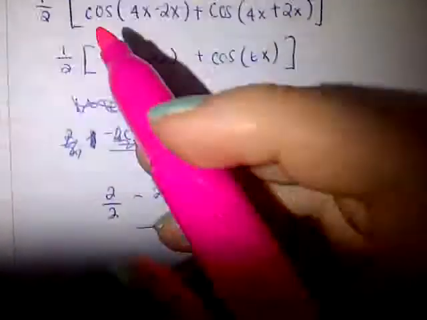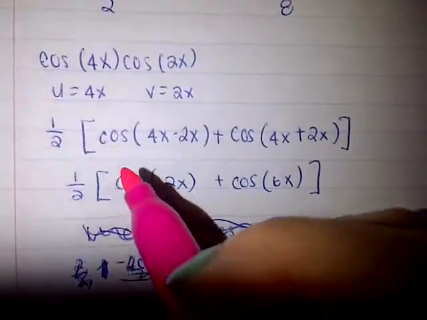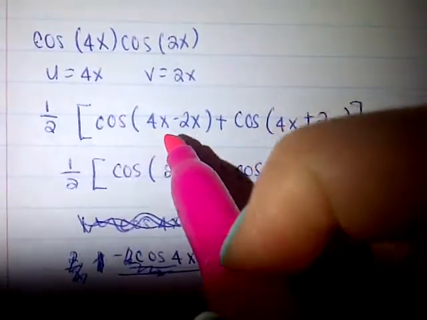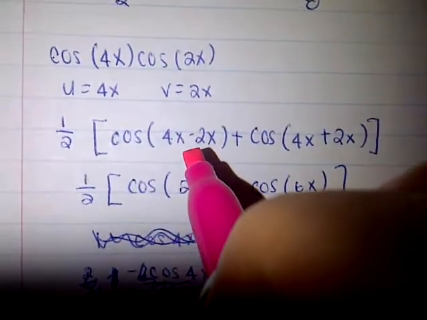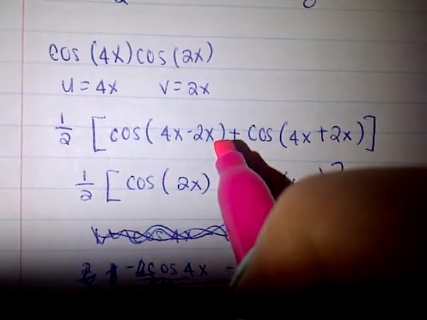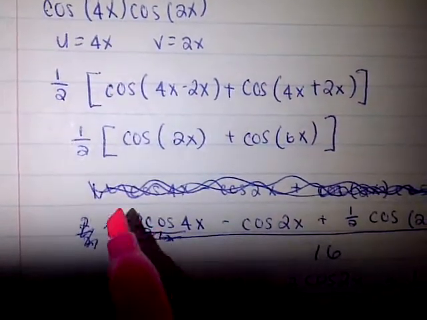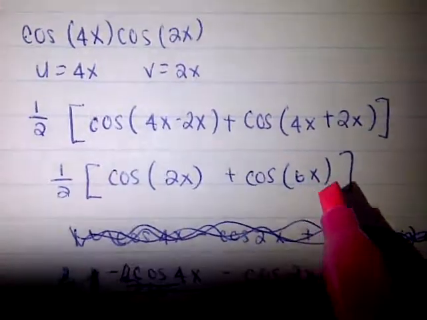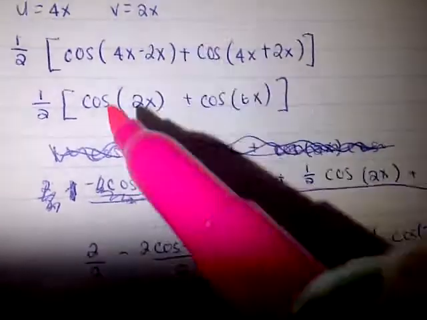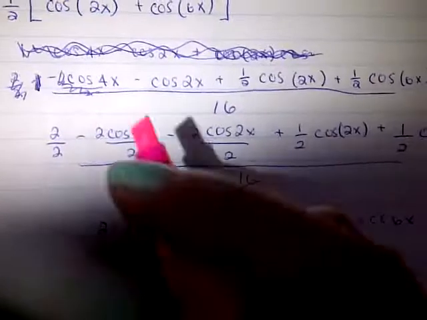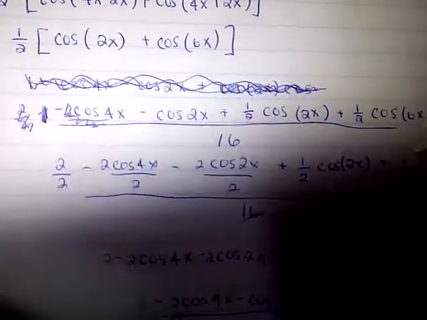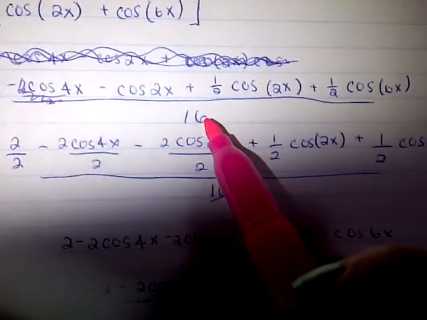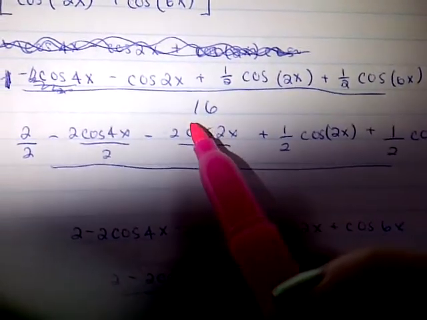So I wrote out the equation. If you plug 4x into u and 2x into v, and you plug all of this in, what you'll get is cosine 2x plus cosine 6x in the brackets. And here's what you'll get if you write down the whole thing all together, and it's all over 16.